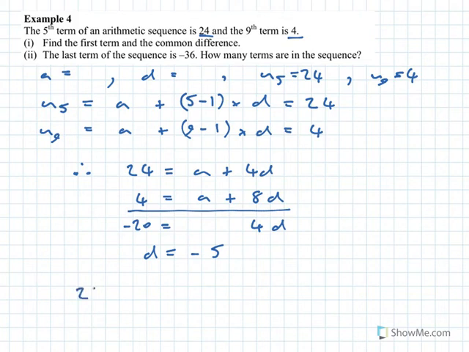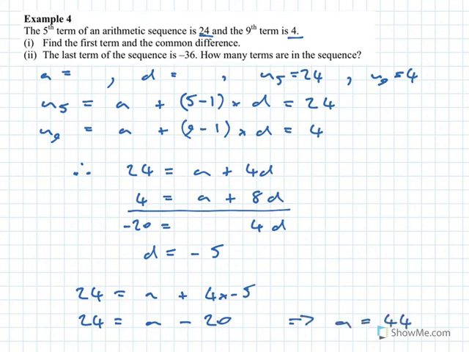So using the top one, I've got 24 is equal to A plus 4 times -5. So 24 is equal to A minus 20. And so that implies that A must be 44.